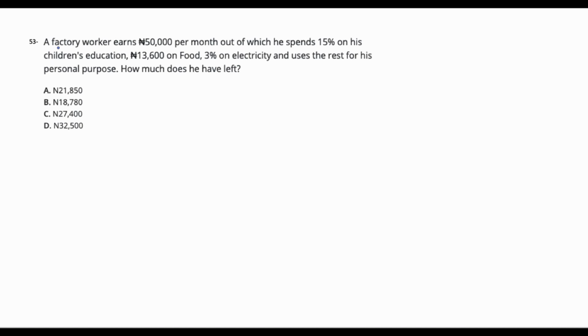Question 53 says, a factory worker earns 50,000 naira per month, out of which he spends 15% on his children's education, 13,600 naira on food, 3% on electricity, and uses the rest for his personal purpose. How much does he have left? So the total earnings is equal to 50,000 naira.